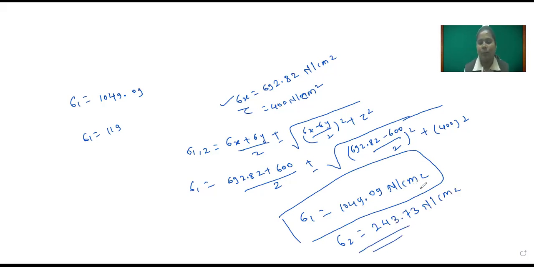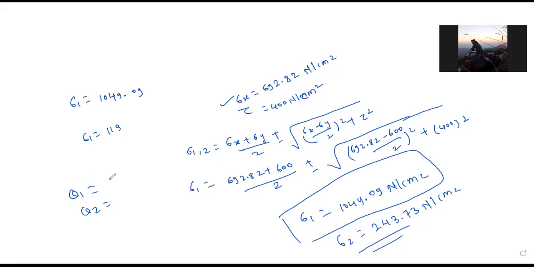After that, the principal planes, that is theta 1 and theta 2. Theta 1 is 41.69, and theta 2 is 131.99.